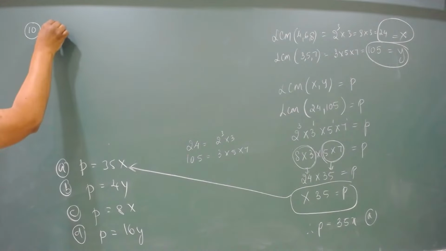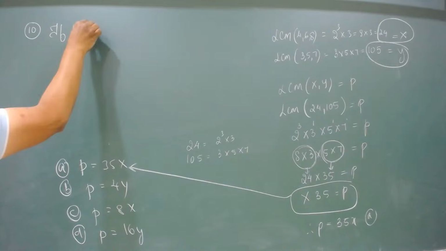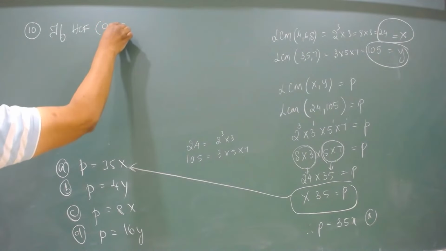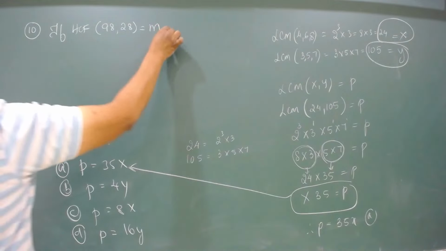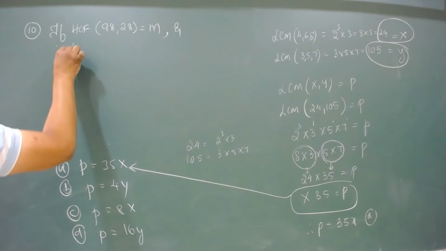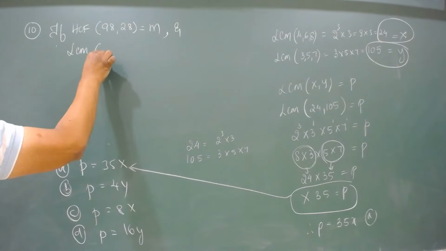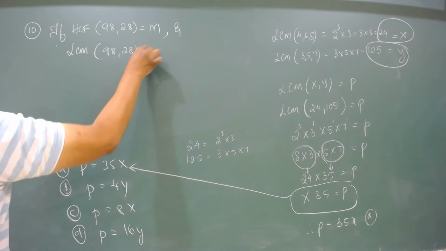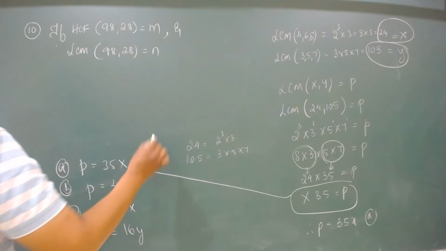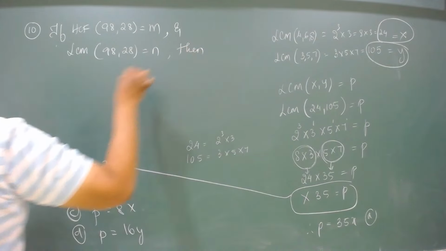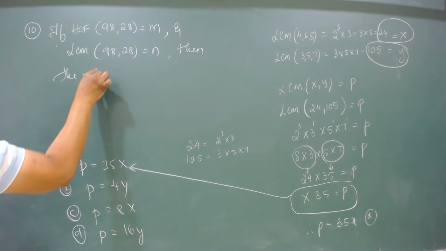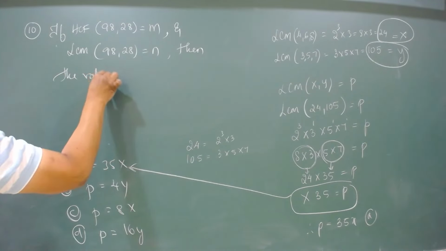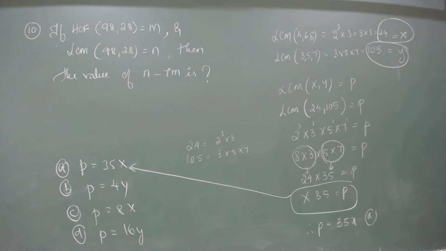Question 10. If the HCF of 98 and 28 is m, and the LCM of 98 and 28 is n, then the value of n minus 7m is.